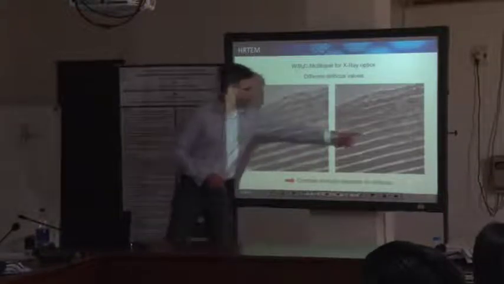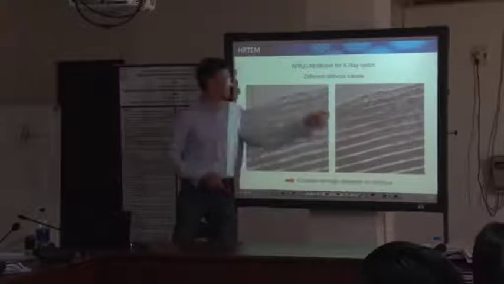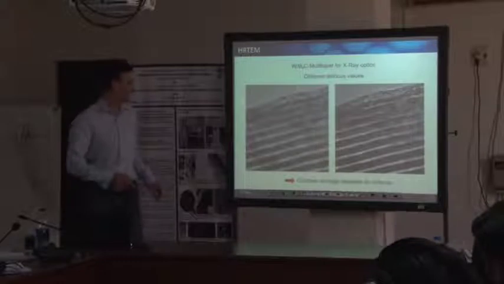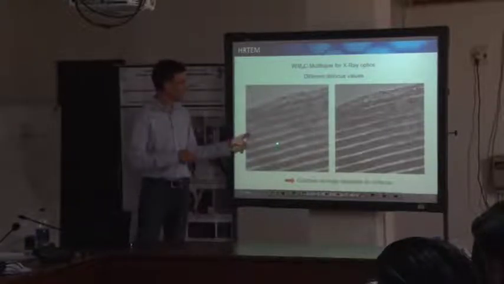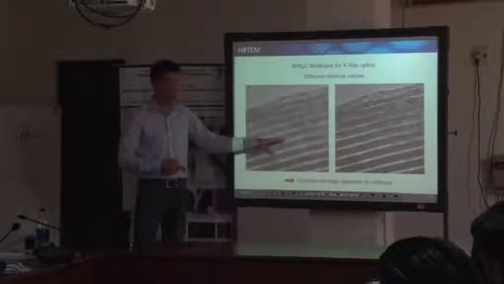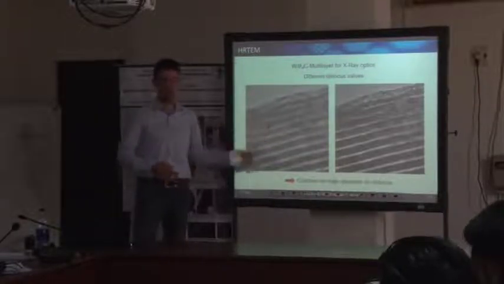Here you can get some Fresnel fringes, these dark and bright contours, upon some defocus. But if you go to Gaussian focus, we can hardly determine the edges or the borders of these different layers.